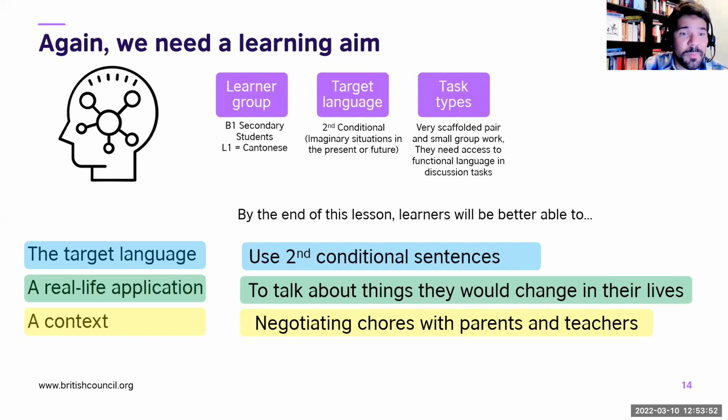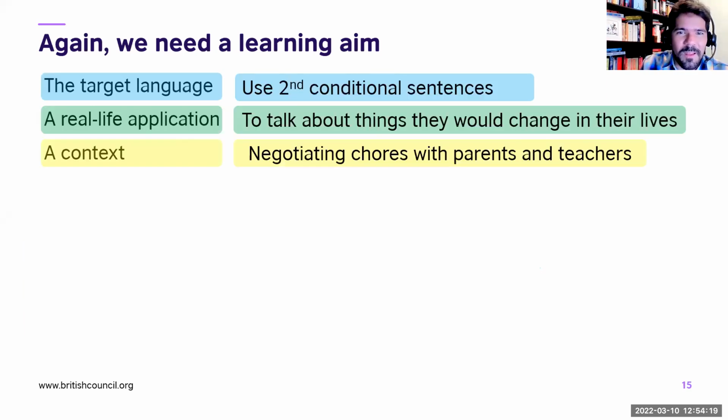My learners would be better able to use second conditional sentences. You can put an example. If you're doing Delta or Trinity Dip TESOL, you have to put an example. To talk about things they would change in their lives, and the context is negotiating chores with parents and teachers, which is possibly a common thing if your household is not a dictatorship, which mine was.